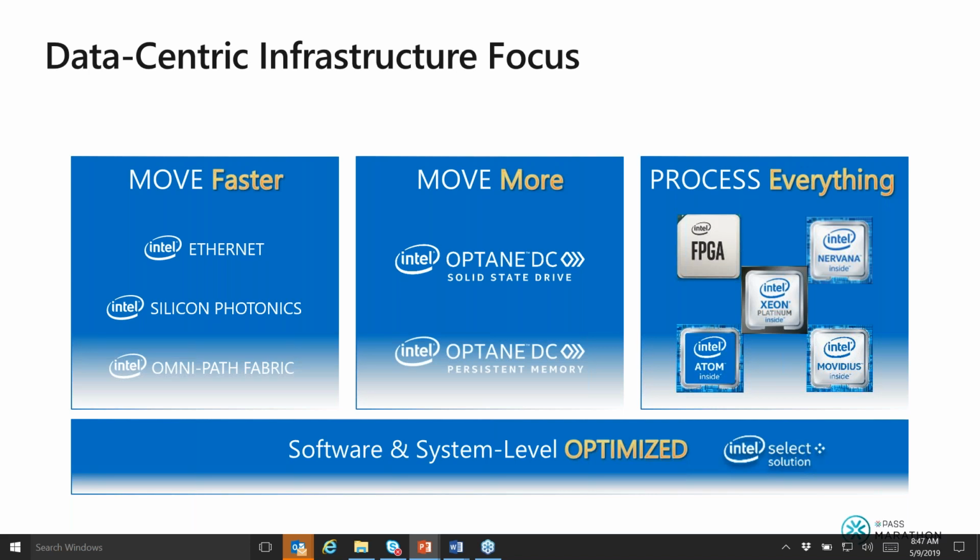That means that we're optimizing our Ethernet technologies to include RDMA capabilities, which is critical for Azure and Azure SQL Services. We're optimizing for silicon photonics in next generation data centers to ensure that we have 400 gig optimizations in the cloud. We're optimizing for, where appropriate, OmniPath fabric in HPC environments for large databases in those worlds.